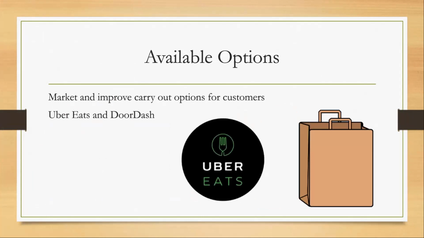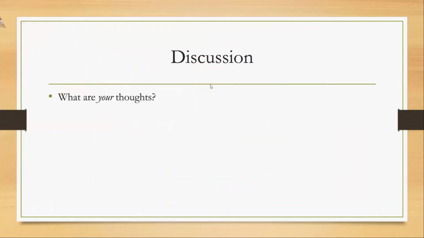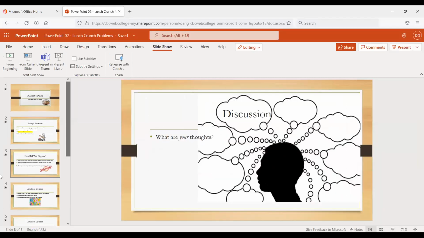And then you could talk about Uber Eats and the advantages, disadvantages of that, and DoorDash and the advantages and disadvantages of DoorDash for this restaurant. Now, everybody, what are your thoughts? And you see how it came over like it opened the blinds. And it's done.